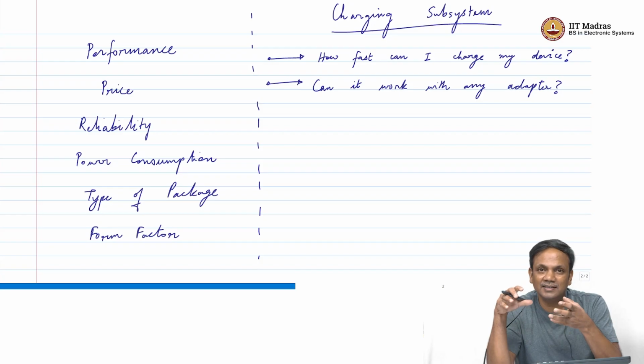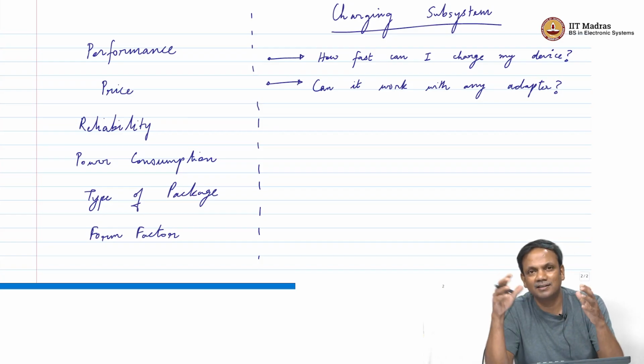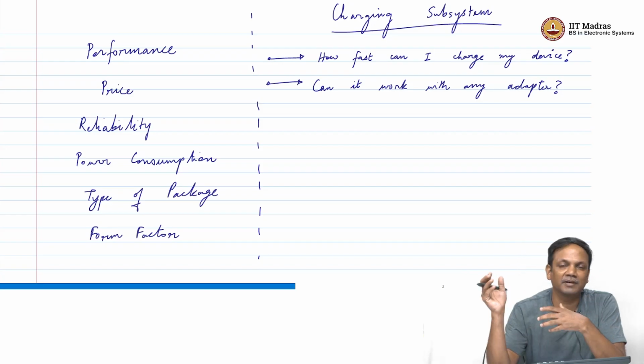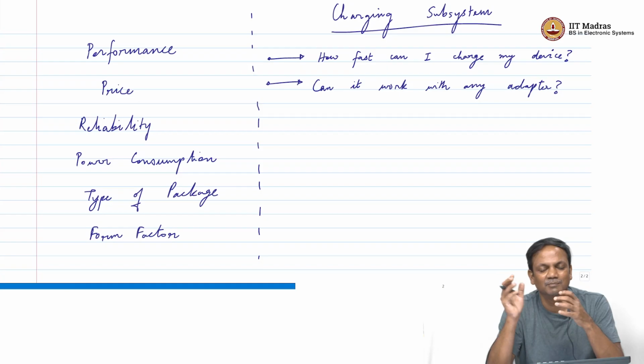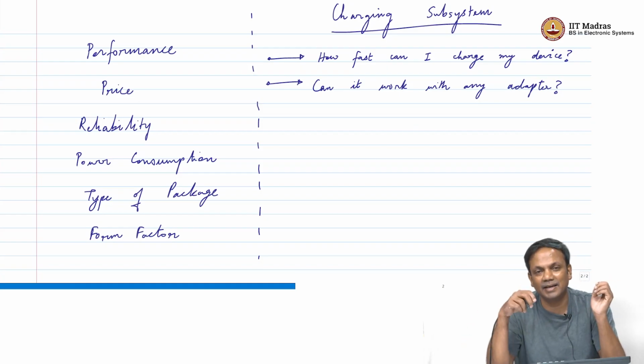Now, what the customer will want from any product he buys is, let us say there is some nonsense happening in the charger, just protect me from it. I do not expect you to charge the device when that happens, but at least make sure nothing happens to the device. So, can it work with any adapter?